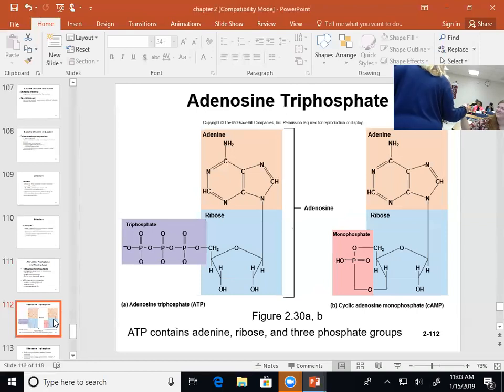The thing about this molecule, and it's kind of beautiful, is that the last little phosphate group will break off rather readily. When it breaks off, it gives off energy, just like a charged battery. Here we're charged; here we're giving off energy.